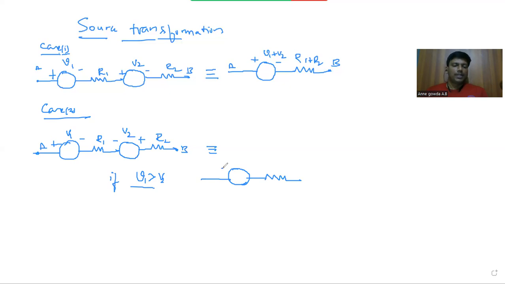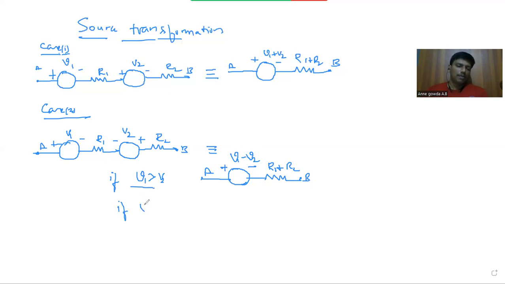If V1 is greater than V2, then take the polarities of V1, and the equivalent voltage source will be V1 minus V2, and the equivalent resistance will be R1 plus R2 across the terminals A and B. That is for V1 greater than V2.